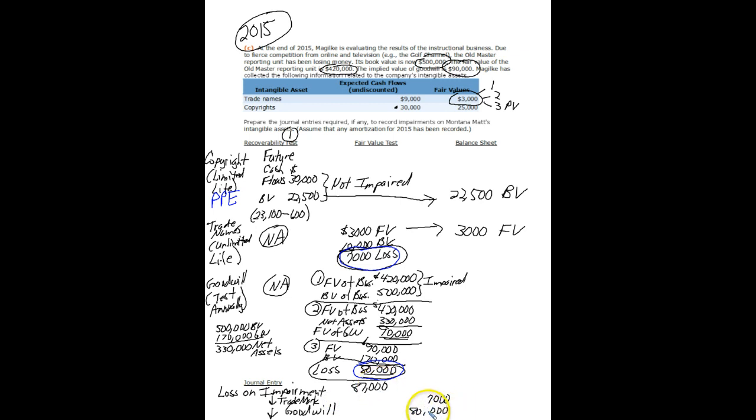And there's our journal entry. Okay, so what's going to go forward for goodwill? If we had $170,000 in the account, we'll reduce it by 80. $90,000 will be left in the account, and that also represents fair value.